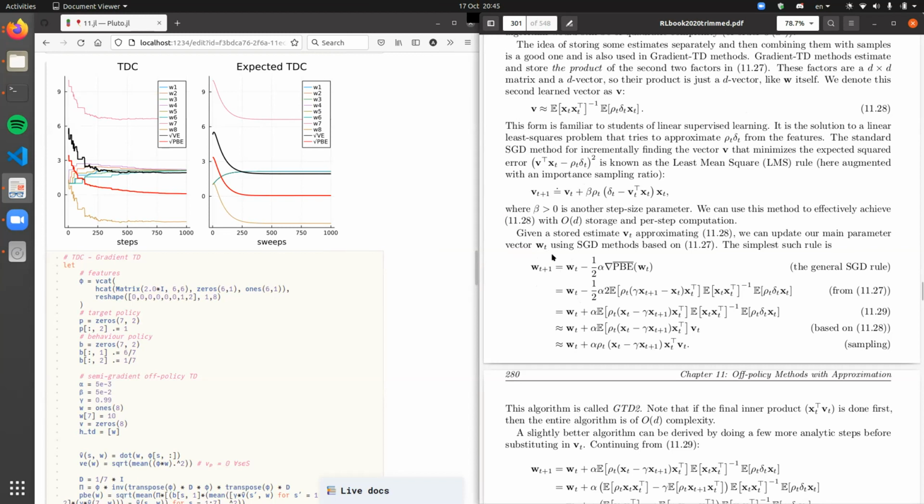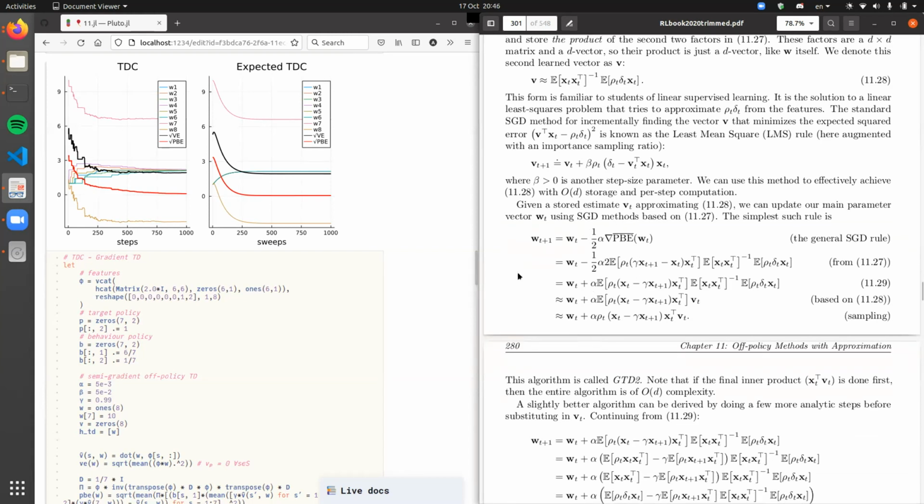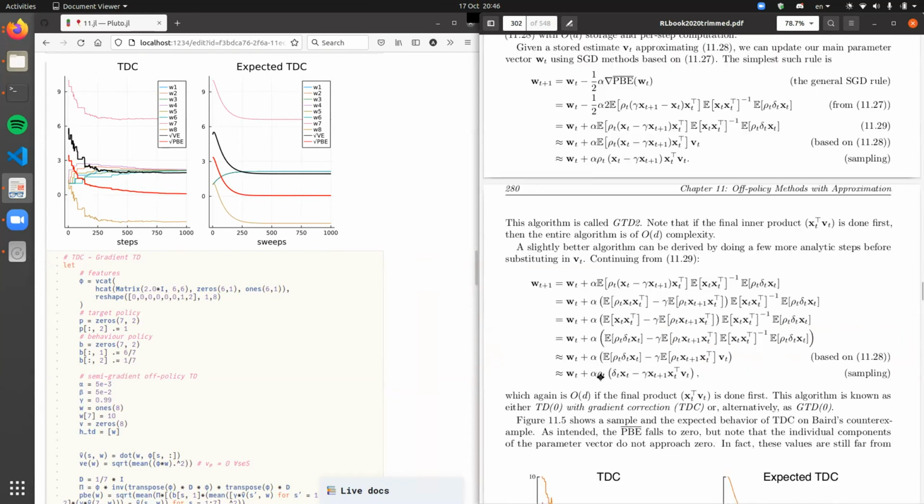Again, here we substitute this newly obtained v into the update using this gradient of projected Bellman error, and we get this update rule. Alternatively, we can do a bit more math and get another update rule, which is claimed to be better.